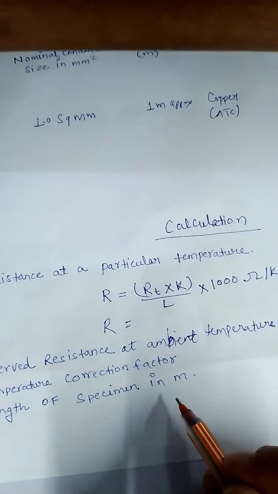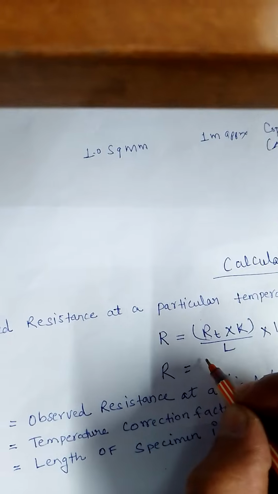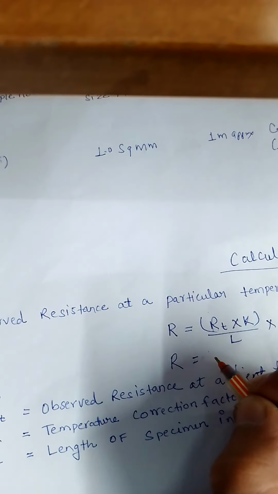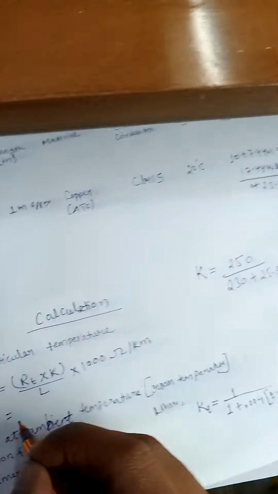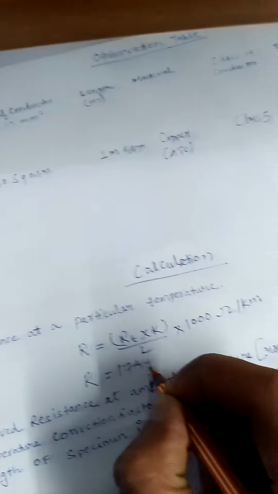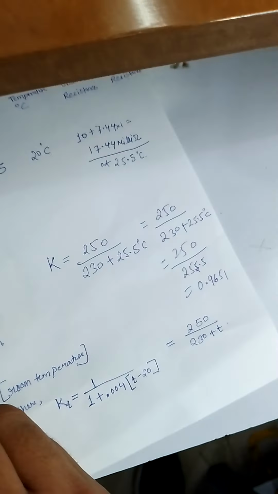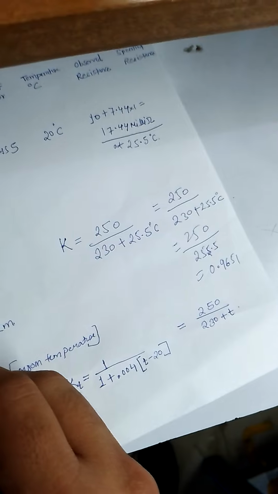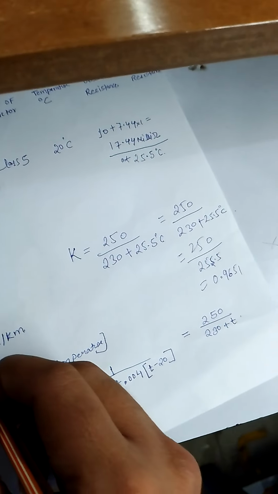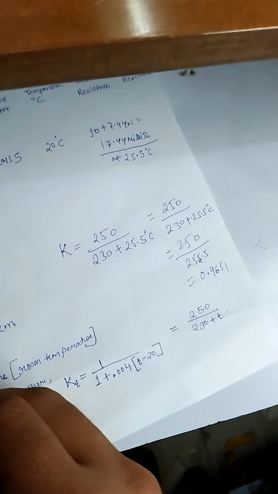RT is 17.44 into the value of K, 0.9651, upon length 1 meter. Basically we calculate this test for length 1 meter.